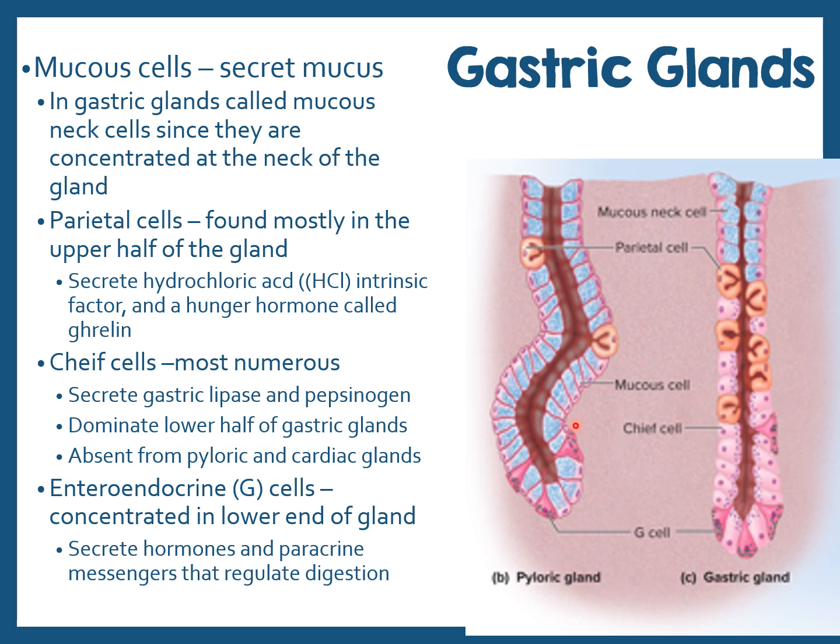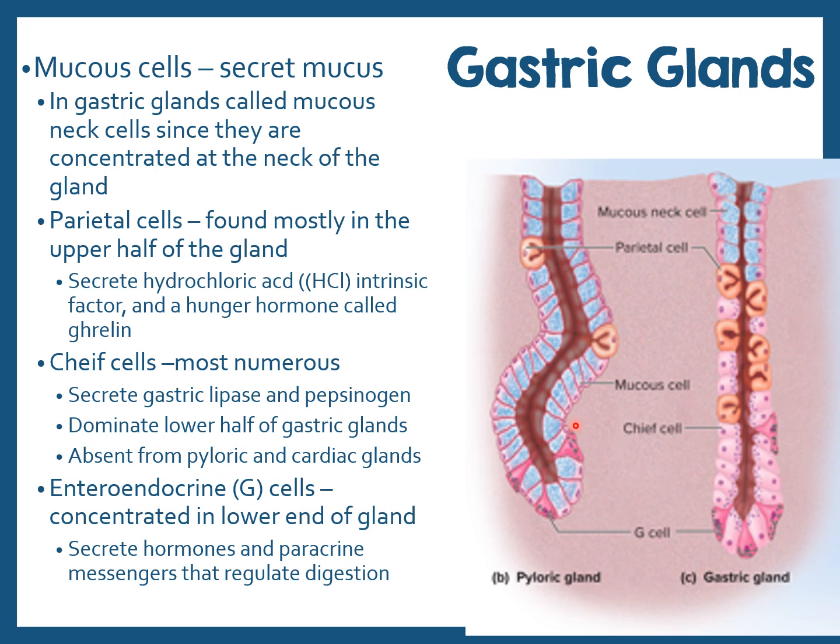These are the cells that are secreting hydrochloric acid and intrinsic factor, as well as a hunger hormone called ghrelin. And if you're old like me and maybe you grew up watching Gremlins, that's what it always reminded me of, the gremlin. It's secreted when you get hungry and you turn into an evil little gremlin.